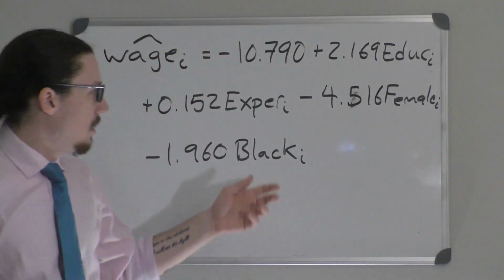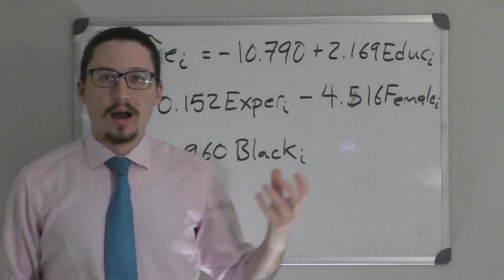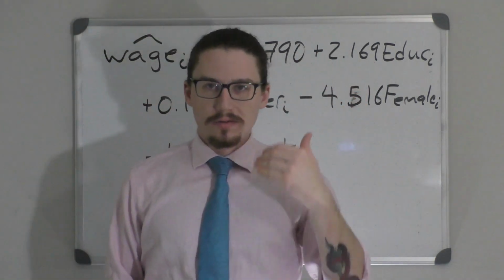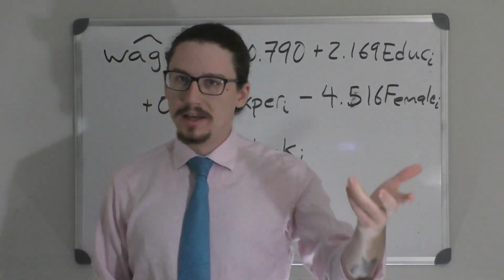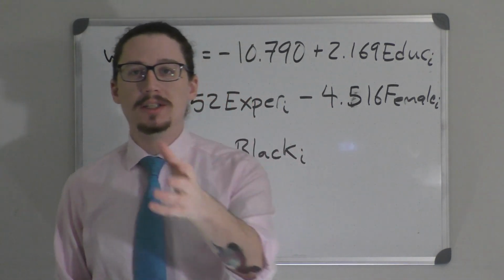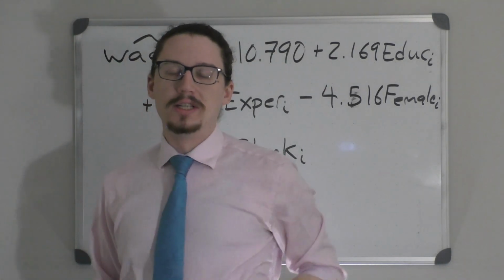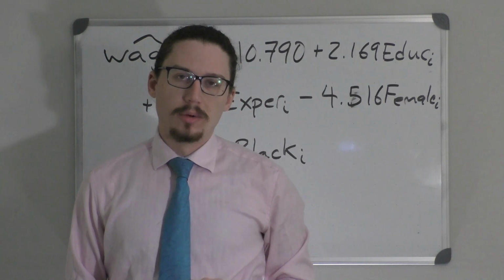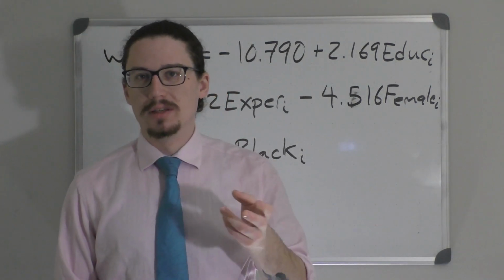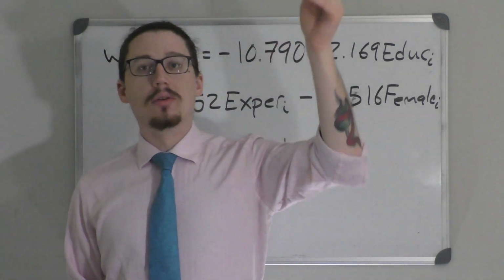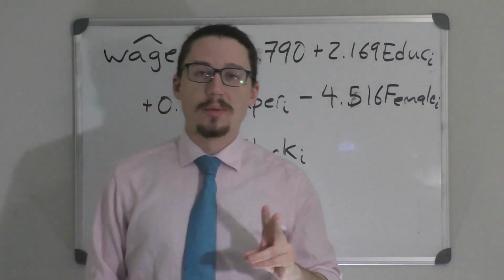With those quantitative variables, the way we've interpreted is a 1 unit increase in our independent variable leads to a beta or b whatever unit increase in the dependent variable, right? But with our dummy variables, we don't have 1 unit increases. There's not a progression. It's either 1 or it's 0, right? There are only 2 options.